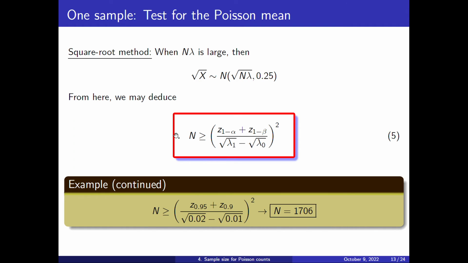Okay, and as we did before, we don't need to solve these complicated equations involving the Poisson count. We may use the Gaussian approximations.